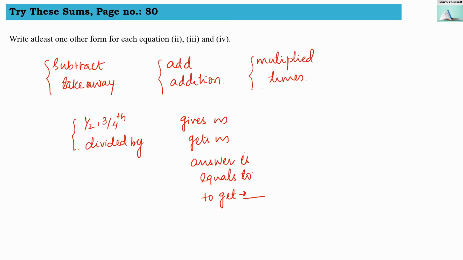Then for equals to, there are many terms: gives us, is equal to, or we start the statement like "to get answer 5" or "to get answer 20". "This expression is", and then the complete expression follows. So in these two statements, "to get" or "to get answer", they are giving the answer first and then the expression. So these are the ways and terminology we use when writing a statement.